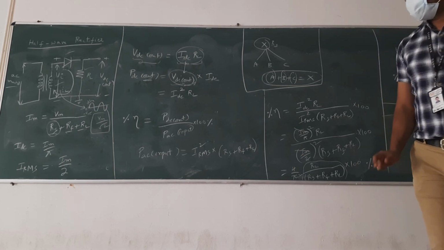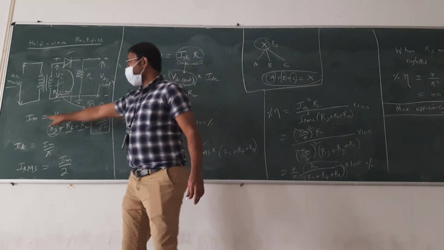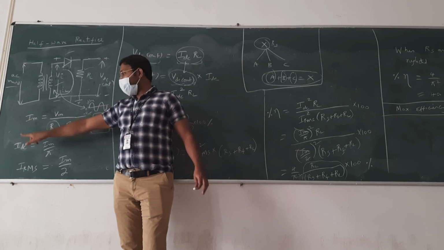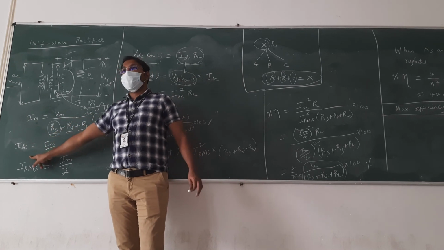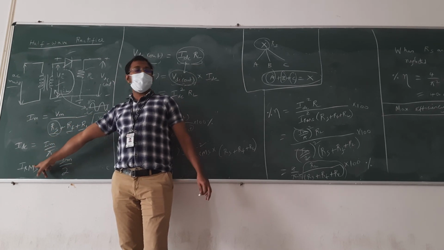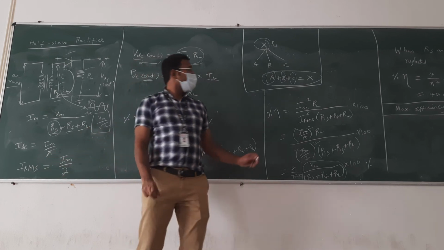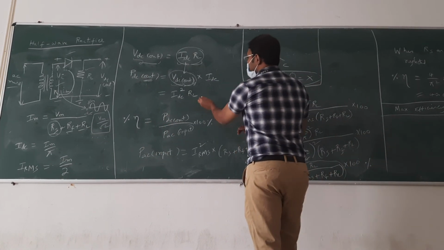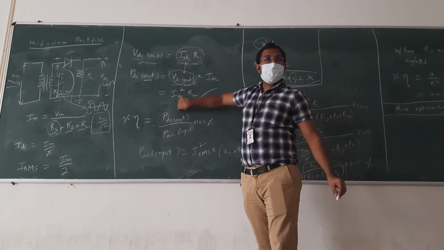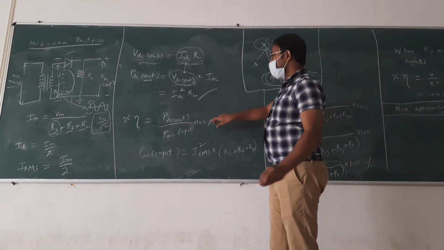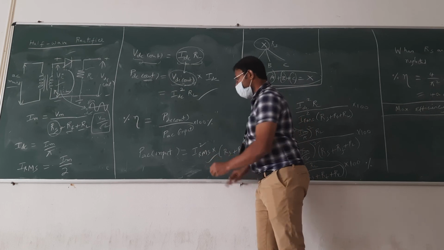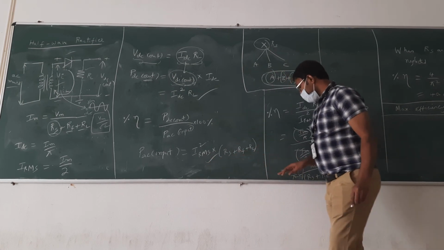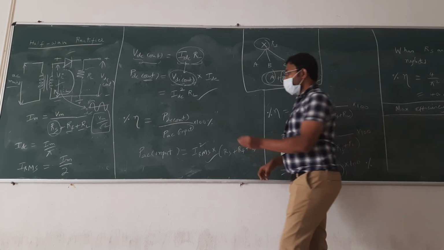Once you find Vm, you find Im. When you find Im, find IDC, find IRMS. Then they ask EDC out, then they ask VSC input.